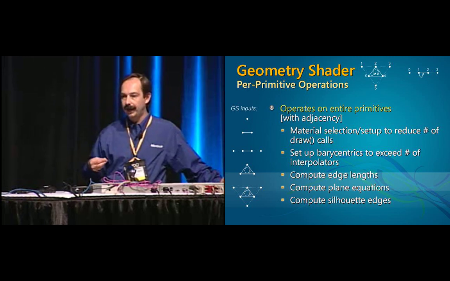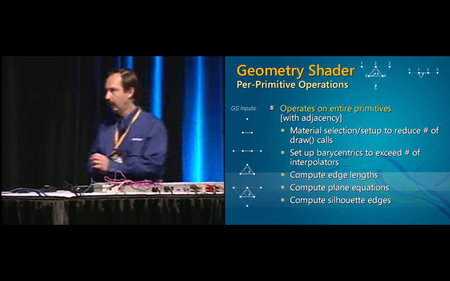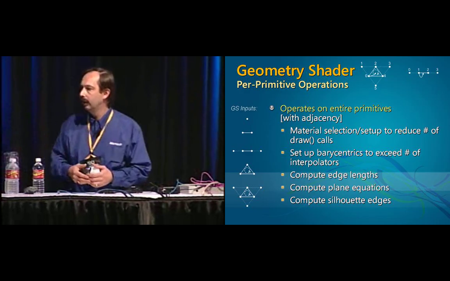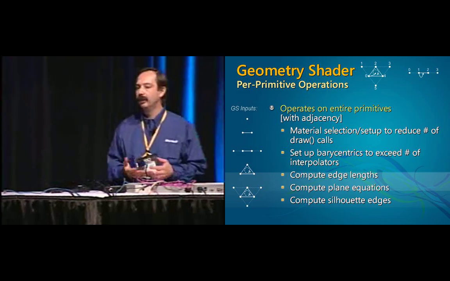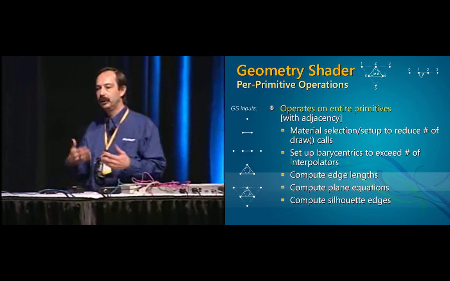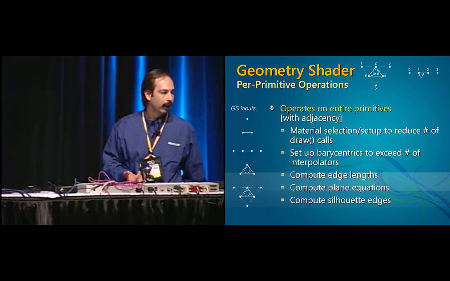You can tag the vertices. You can insert new vertices into the stream. There's a bunch of things you can do. You can compute things about the geometry in the geometry shader. So this is really a new stage that will enable new capabilities in the hardware.